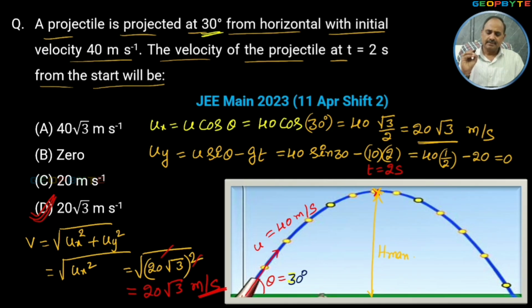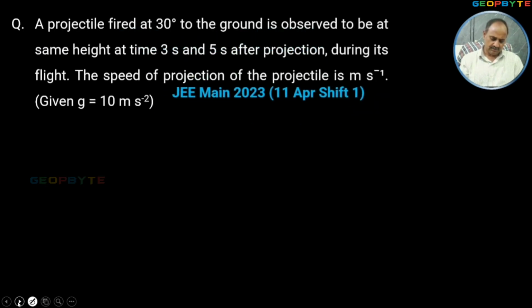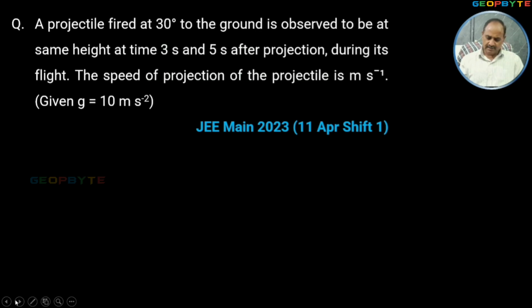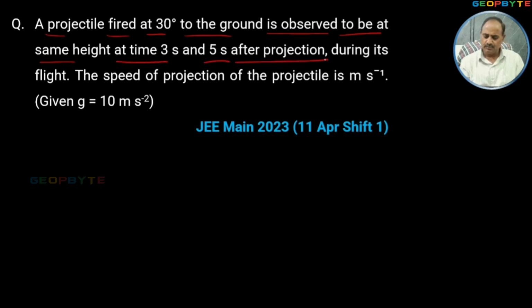Understood clearly? Yes. Then look at another question. It is asking like this. A projectile fired at 30 degrees to the ground is observed to be at the same height at t equal to 3 seconds and 5 seconds after projection.